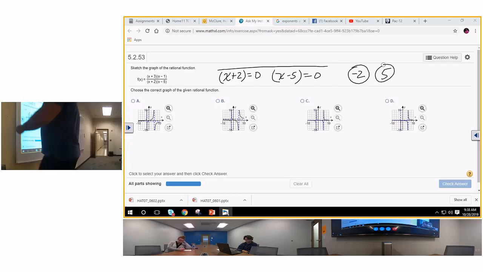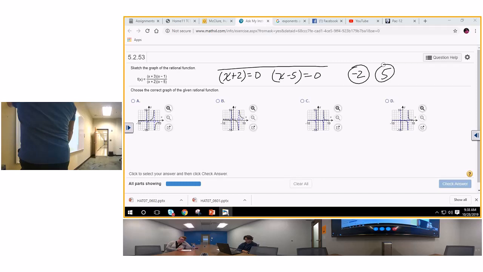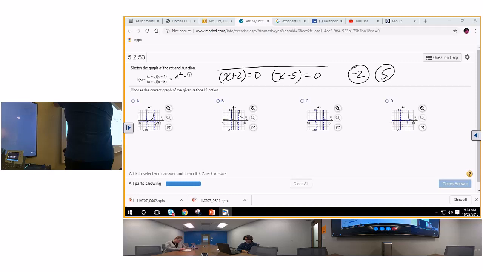It looks like to me that we're going to have x squared functions here. I'm just going to write, let's see, this is going to be x squared minus 3x plus 3x minus 3... I mean x squared minus 1x plus 3x minus 3 over x squared minus 5x plus 2x minus 10.